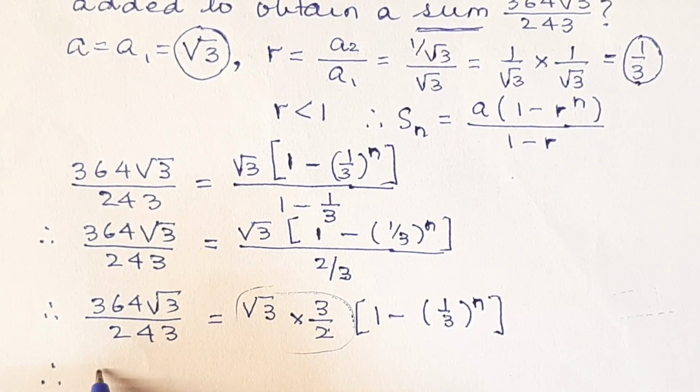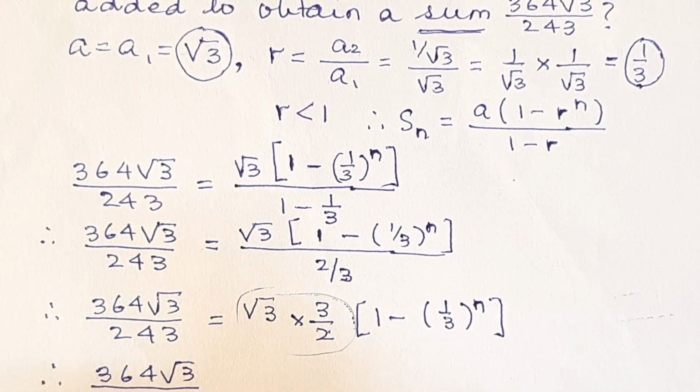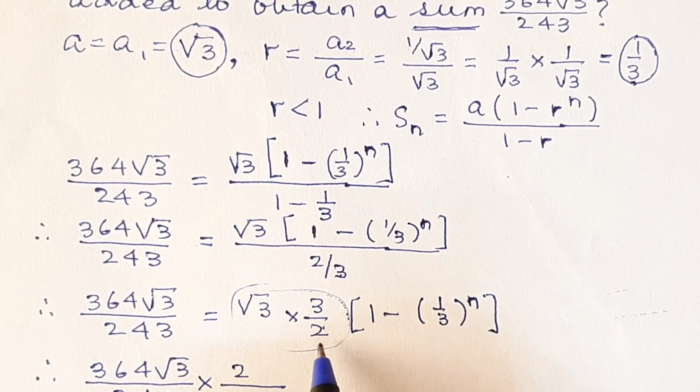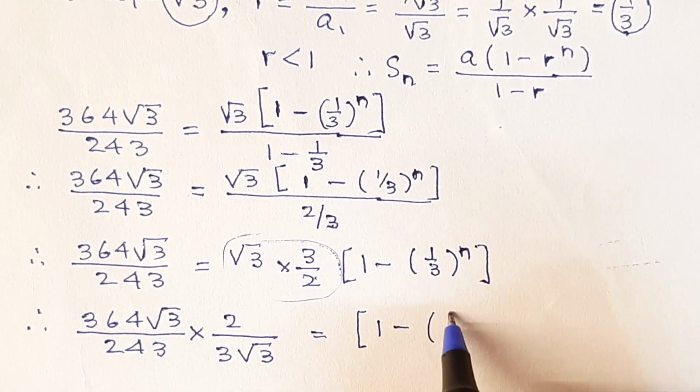So 364 root 3 upon 243 multiplied by this 2 comes this side, so it becomes a numerator, and 3 root 3 will go in the denominator, and this side, this bracket will remain as it is.